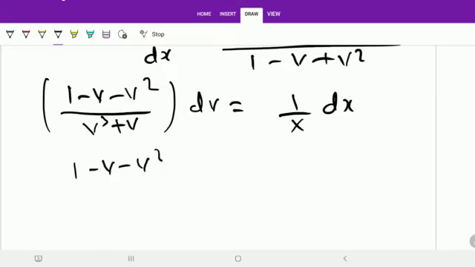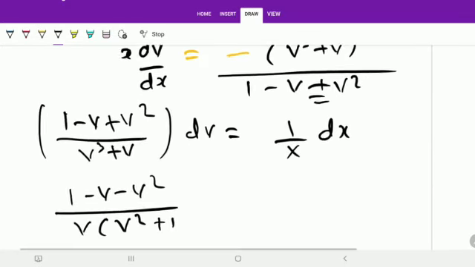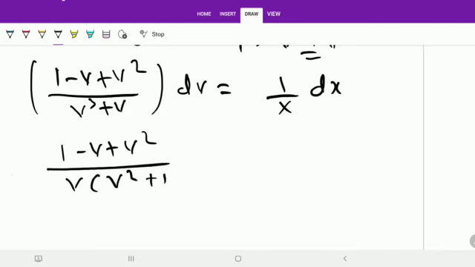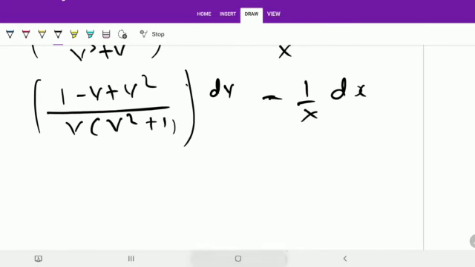So 1 minus v square, if I just take v common, it is v square plus 1, and this is plus v square here, dv, 1 by x dx. Now if you just club this numerator smartly, I am just going to write 1 plus v square first. I am taking 1 and v square together, and I am writing this minus v separately.